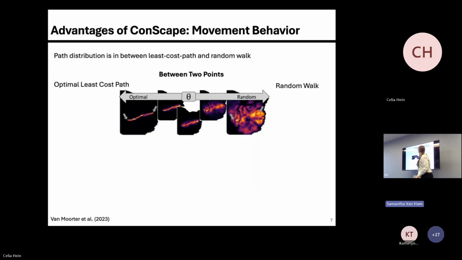So being somewhere here is a lot more realistic in terms of animal movement. Theoretically, you can get ConScape as close as you want to this random movement, as close as you can to current density modeling, if you reduce this parameter all the way to recreate this kind of random movement.